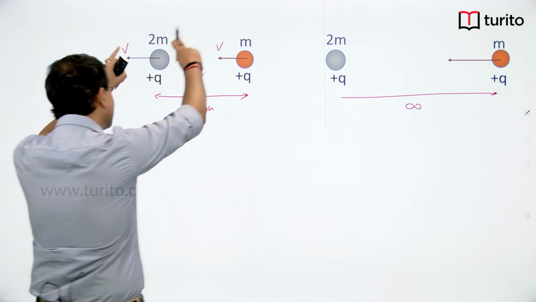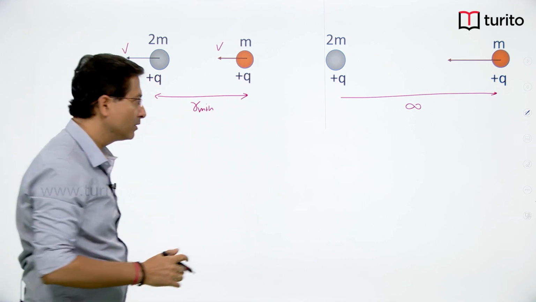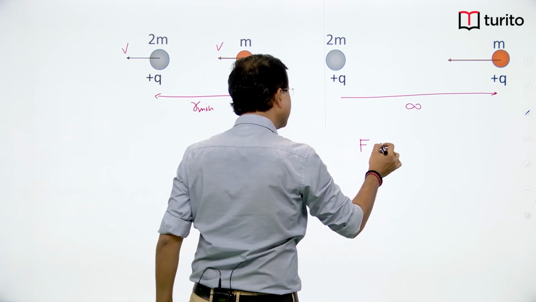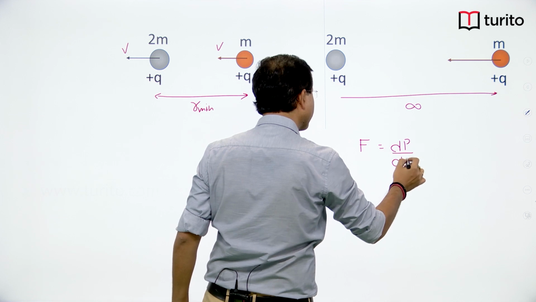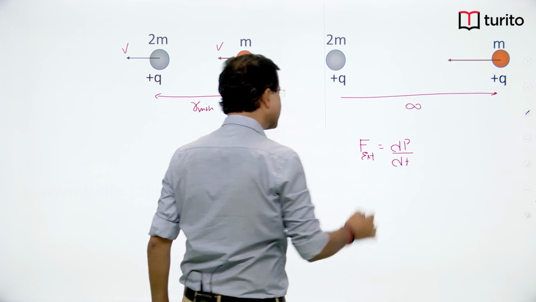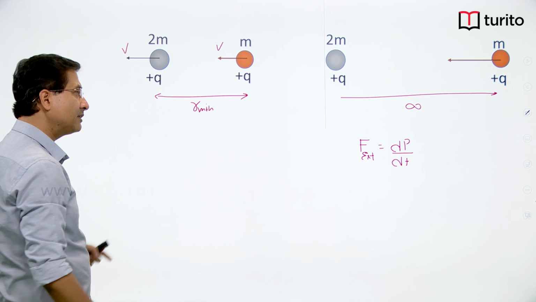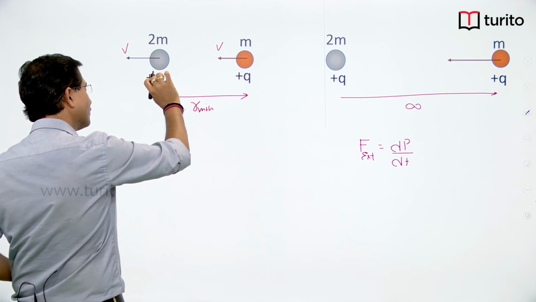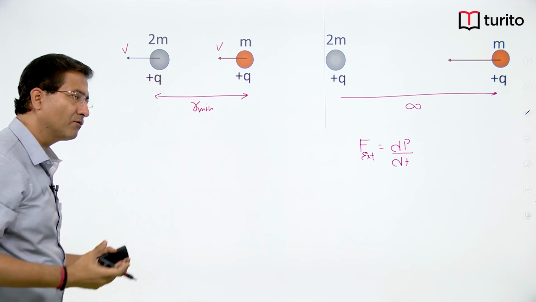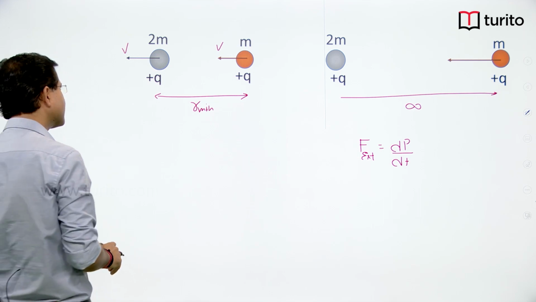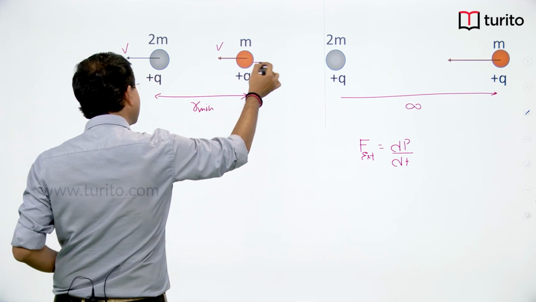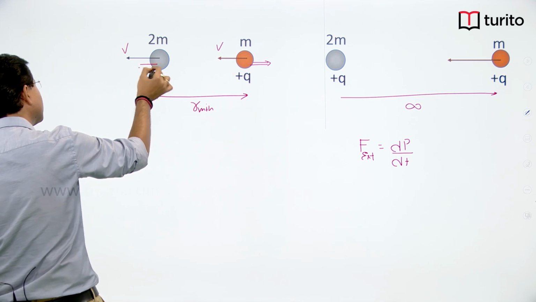as there is no external force acting on the system, you can conserve the linear momentum. There is no external force acting on the system, whatever force acting between them is Coulomb force, that is internal to the system. This is pushing this one in this direction and this is pushing this one in this direction.